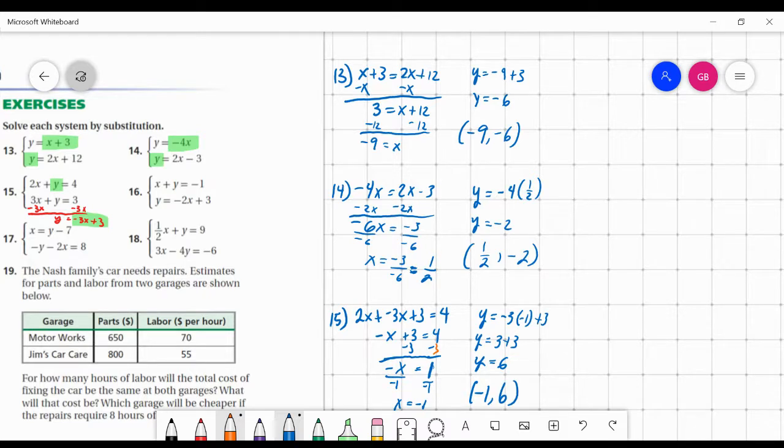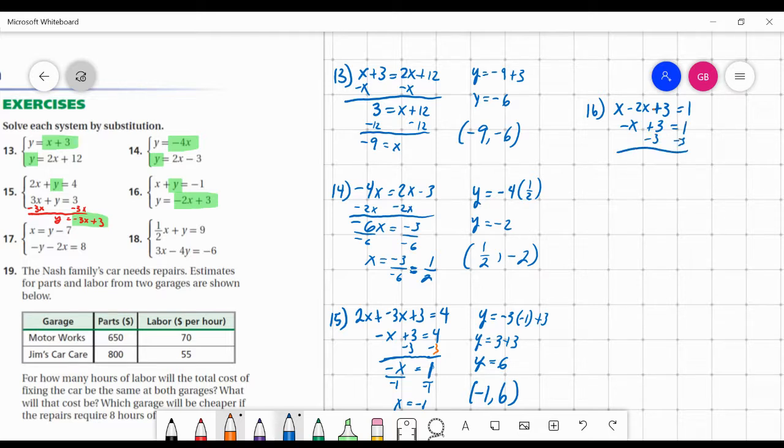14, 15, okay. 16. Okay, y is negative 2x plus 3, so I'm going to plug that in here. Combine like terms, so negative x plus 3 equals 1.